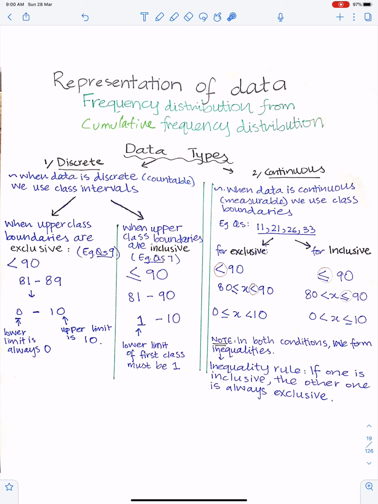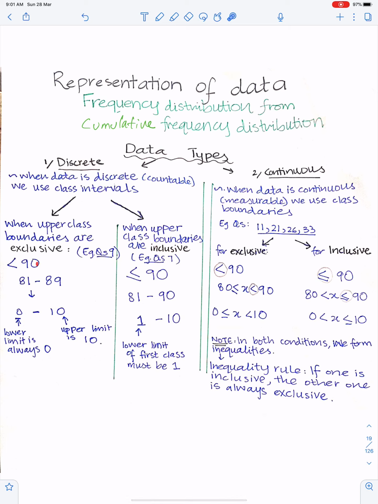And now we have possibilities. When upper class boundaries are exclusive, like this thing 90, then the upper limit of the class interval will be 89, one less, because this is exclusive.